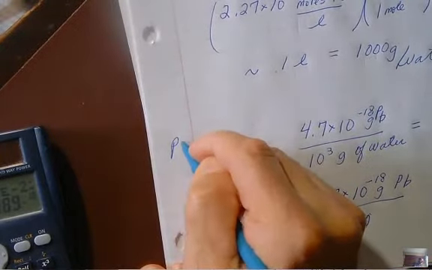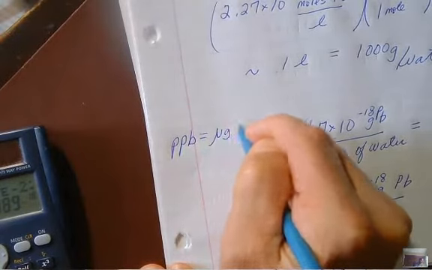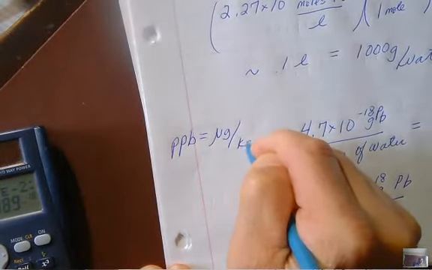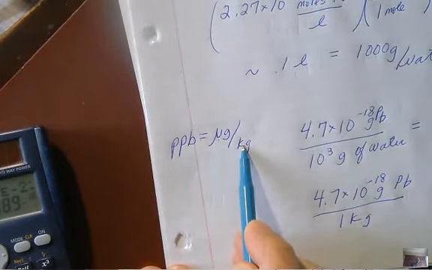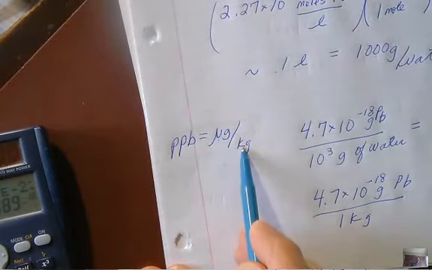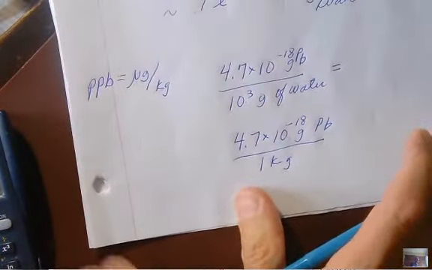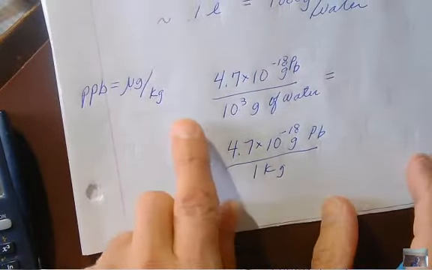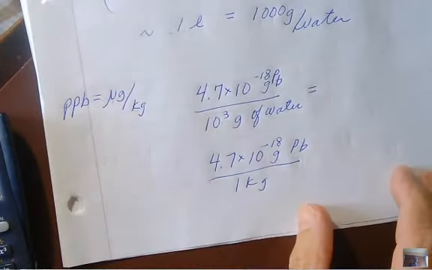This is ppb. ppb is micrograms per kilogram, right? Because this is a millionth of a gram, and this is a thousandth of a gram. So the relationship between here and here is 1 billionth, right? So I got my denominator straight. How do I get to micrograms? Well, micrograms is 10 to the minus 6th.